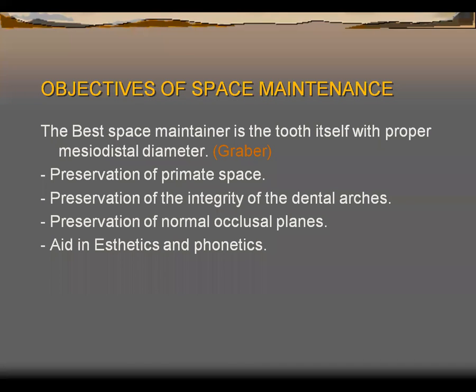What are the objectives of space maintenance? First is preservation of the arch space, preservation of the integrity of the dental arches, preservation of normal occlusal planes, and the last important thing is that it aids in aesthetics and phonetics. So these are the objectives.